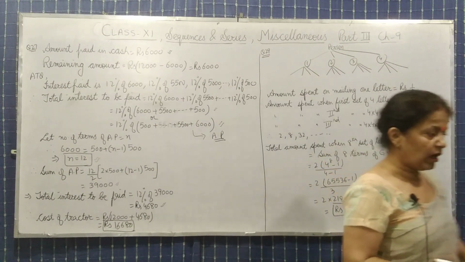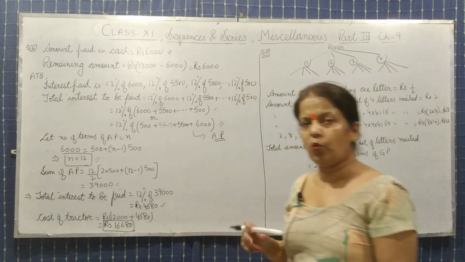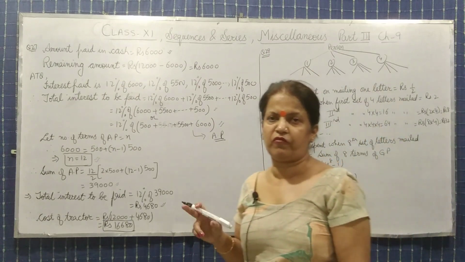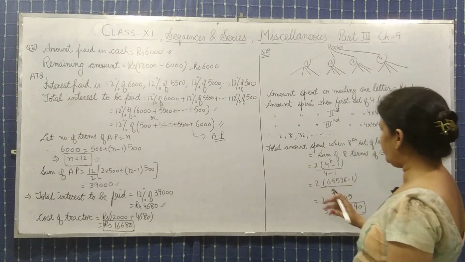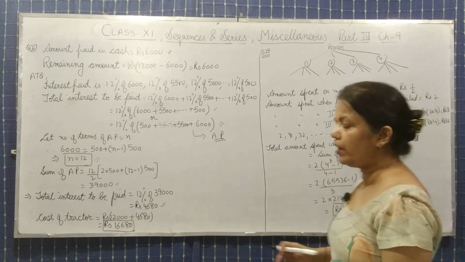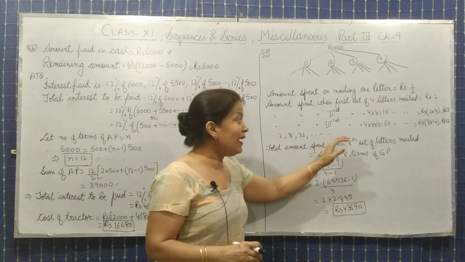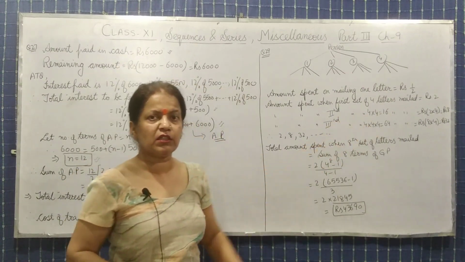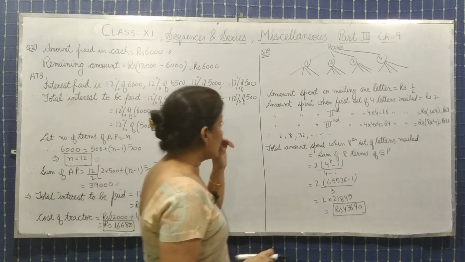Now they are telling us that the cost of mailing one letter is 50 paise, or half a rupee. We have to find the total amount spent when 8 sets of letters are mailed.